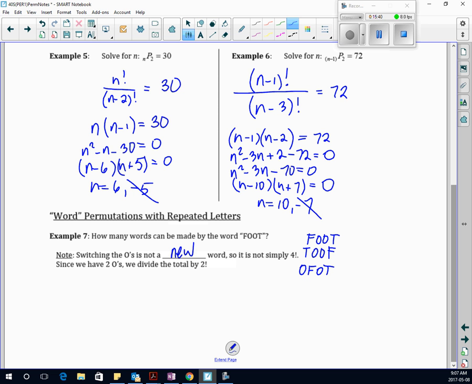O-F-O-T. O-T-O-F. Then I could probably put the F in the second one. O-O-F-T. O-O-T-F. Okay, let's carry on. What's another one? I put that in the second, I guess I put it in the third.